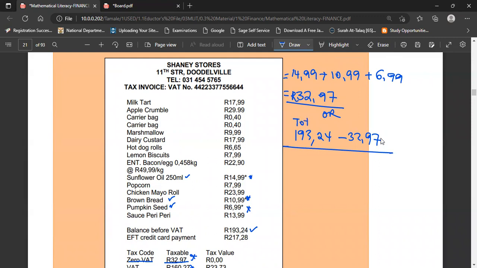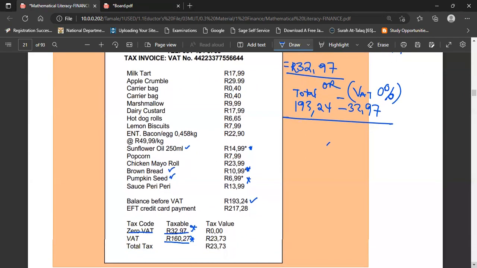So this is the total to be paid minus the zero-VAT items. You will get the answer 160. So this is the price for VAT inclusive.